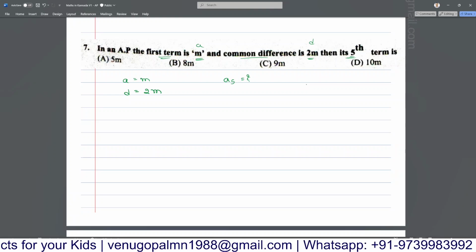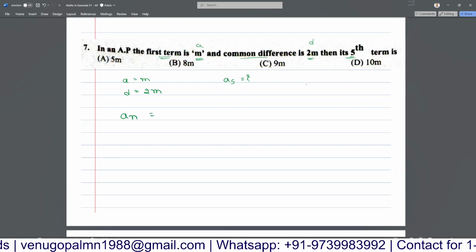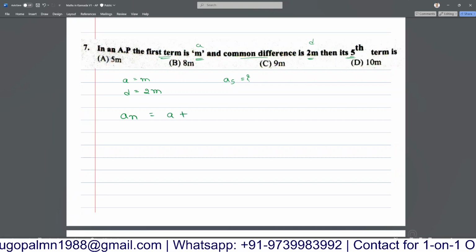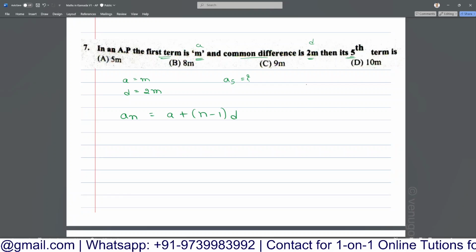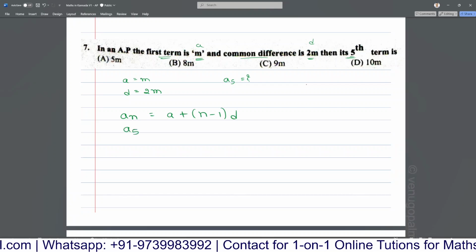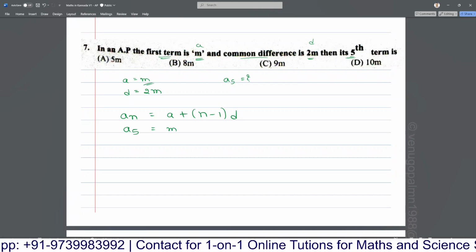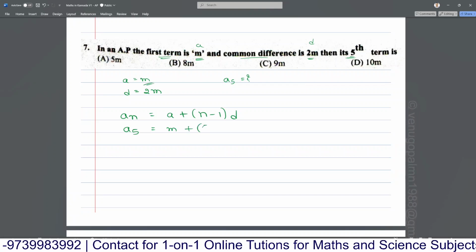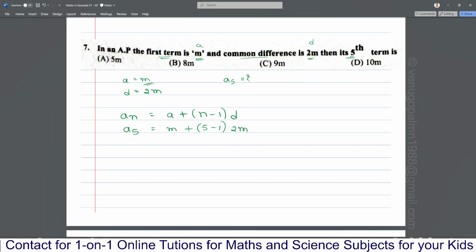So now from the definition or the formula, we know a of nth term is equal to a plus n minus 1 into d. So now what we have to find out? A of 5 is equal to what is the a? m, right? Plus n is nothing but what? 5 minus 1 into d. d is 2m from the definition.